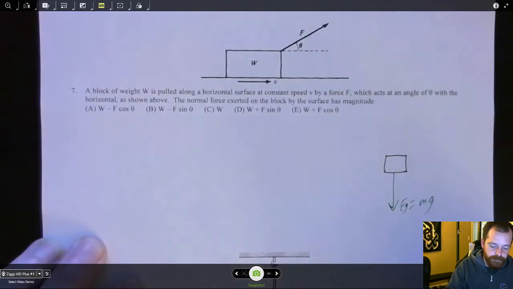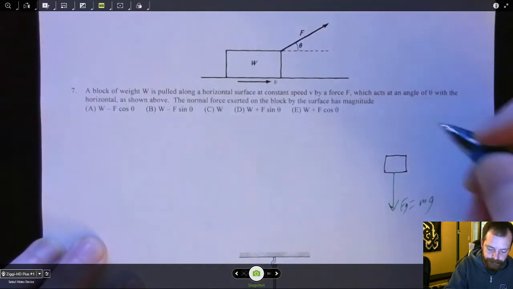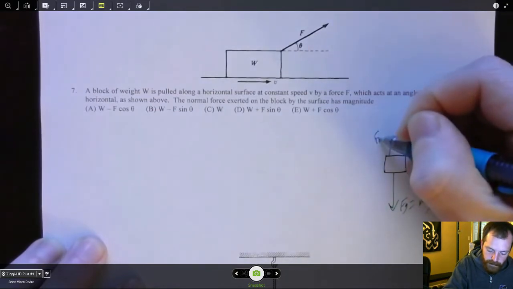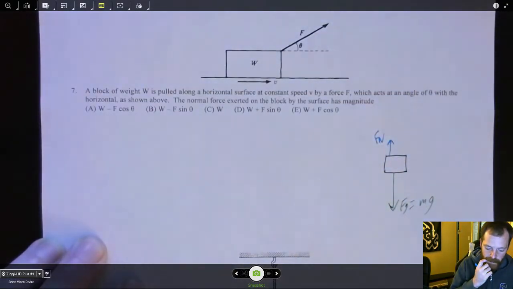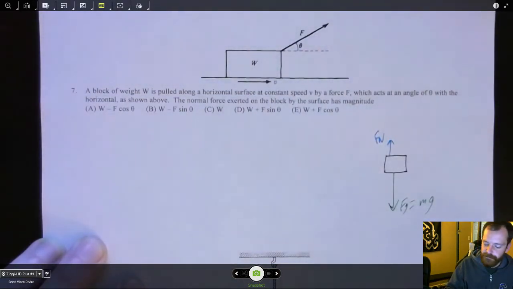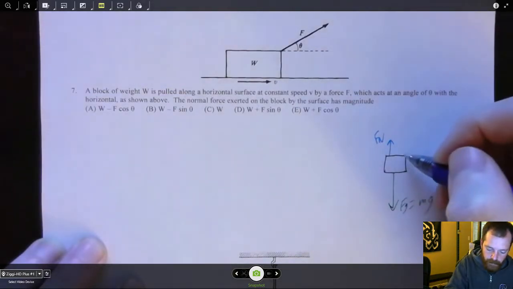We have a normal force from the surface pushing up. Label that Fn. And then we have this diagonal force being applied, like this.